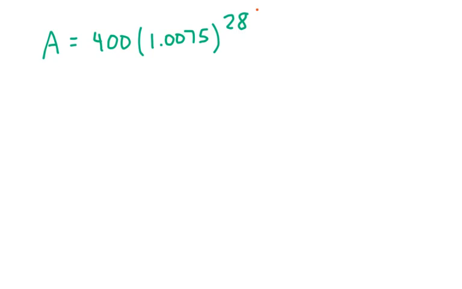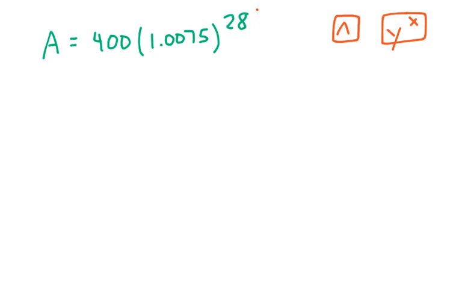Well, that's okay. If you look on your calculator, you might see a button with a symbol like that, that's called a caret, or you might see a button that has y raised to the x power, or it could be x raised to the y power. We can use that button to raise any number to any power.